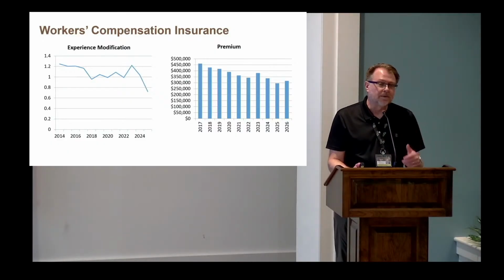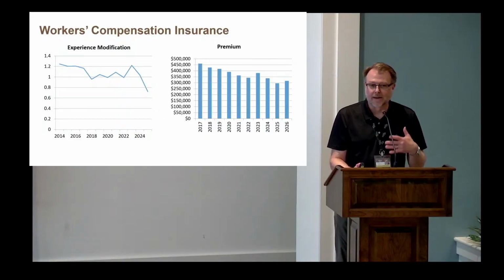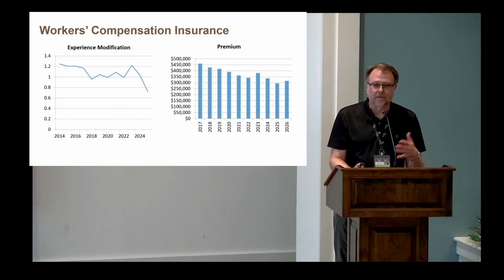This workers' compensation expense graph shows both the premium that we pay and our experience modification, which is really just a score the state calculates for us on the severity and frequency of team member injuries.